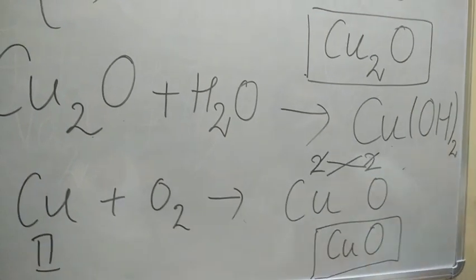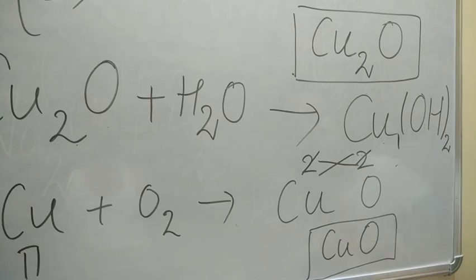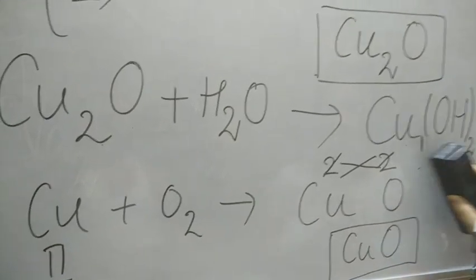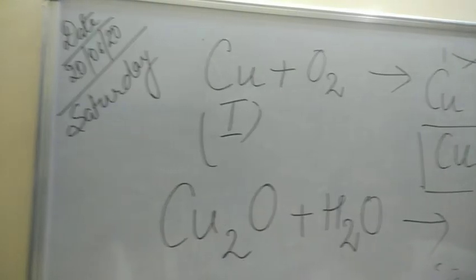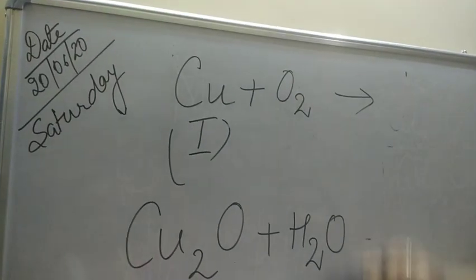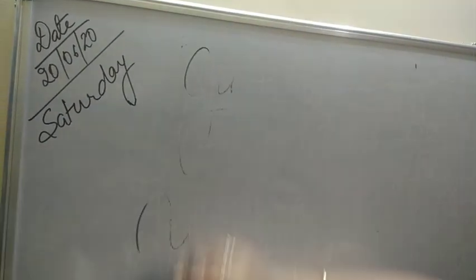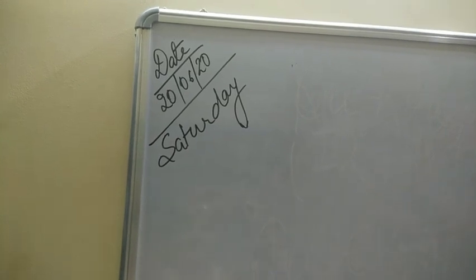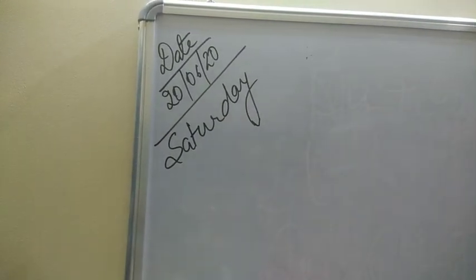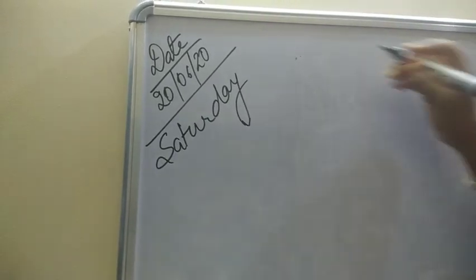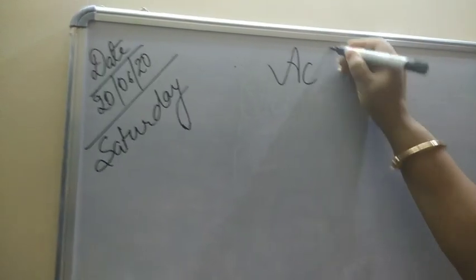When I don't write anything, it is understood that it should be 1. I hope, children, now it is clear to everyone whatever we have done till now. For the equations with oxygen, when metals react with oxygen, they form metal oxide, and when it reacts with water, it forms metal hydroxide.